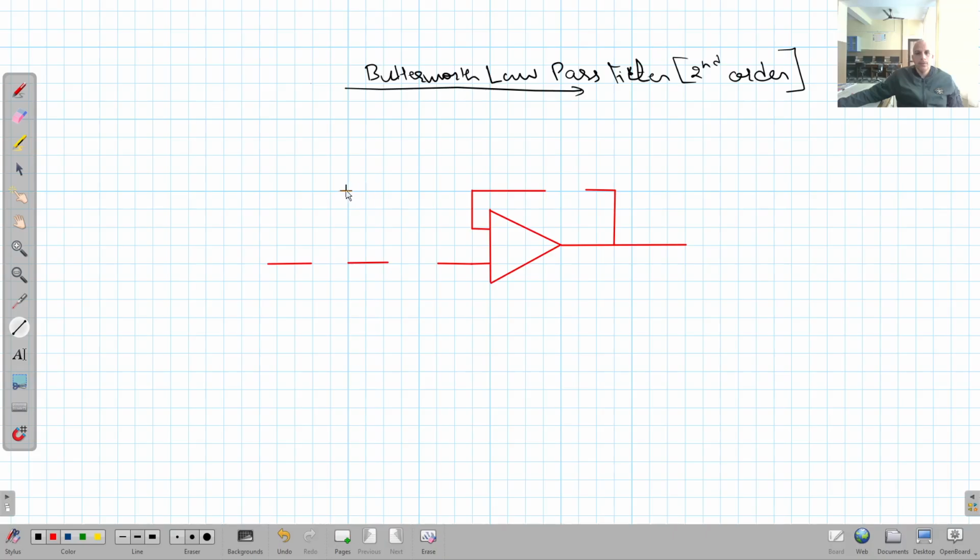and this is for the input signal that is applied from here, right?